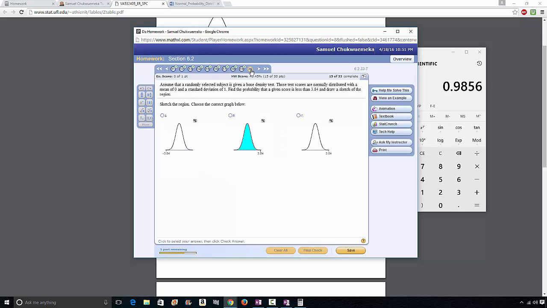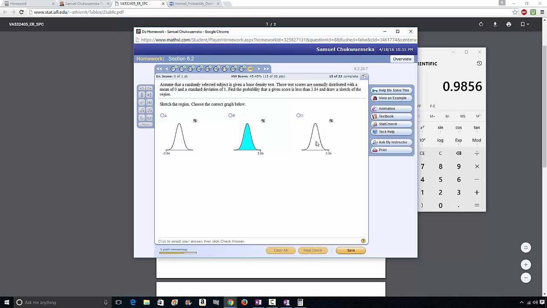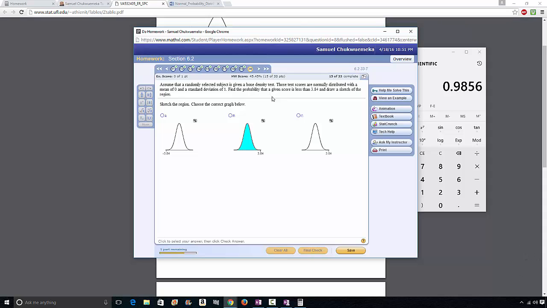Question 20. Assume that a randomly selected subject is given a bone density test. The mean is 0 and the standard deviation is 1, so we are good to use this table. Find the probability that the score is less than 3.84.